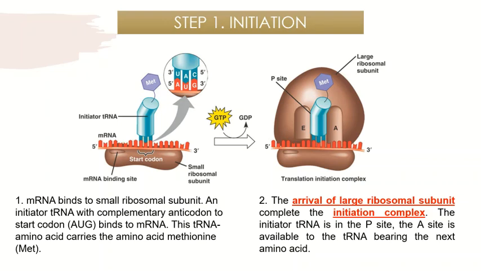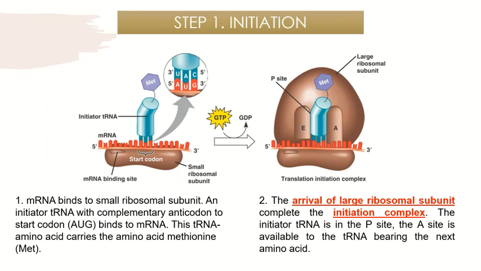You can see a single strand of mRNA and a small ribosomal subunit there. Then the initiator tRNA with the anticodon complementary to the start codon AUG binds to the mRNA. You see the blue colored one, the initiator tRNA, which carries the amino acid methionine and is complementary to the start codon AUG.